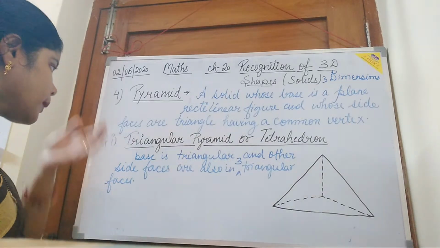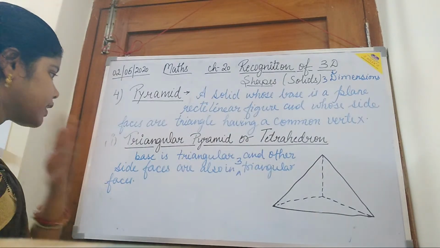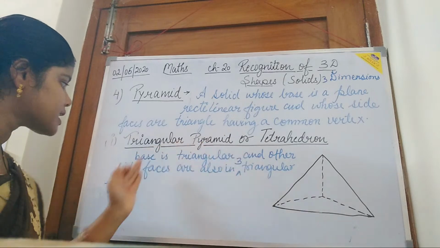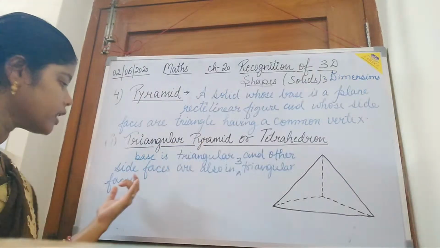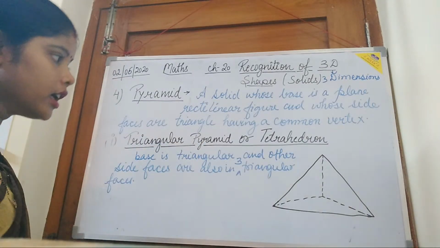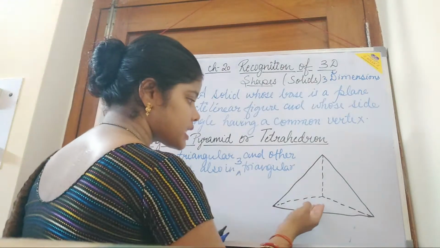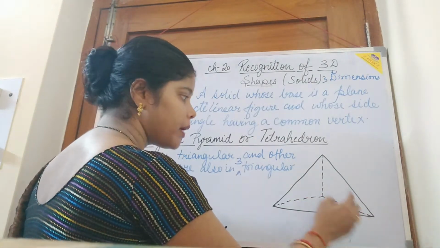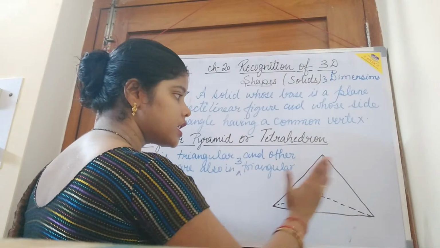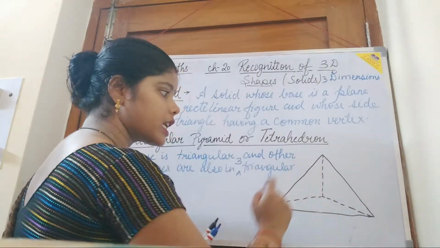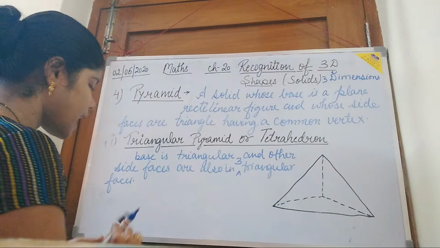So in this triangular pyramid or tetrahedron, the base is triangular and the other side faces are also three triangular faces. So here this one base is in a triangle shape, and the front and other two side faces are also triangular. So how many faces does it have?